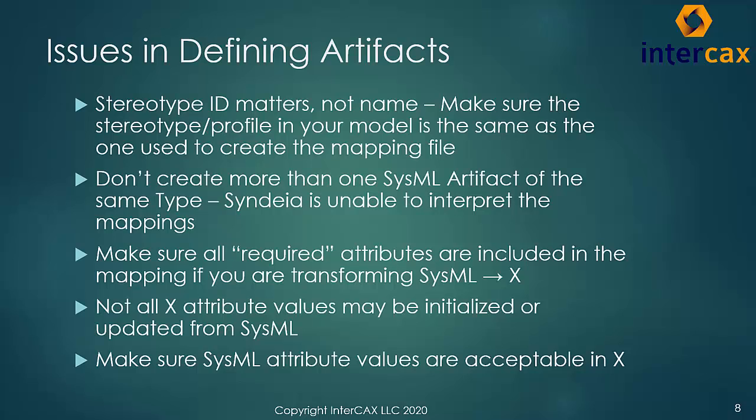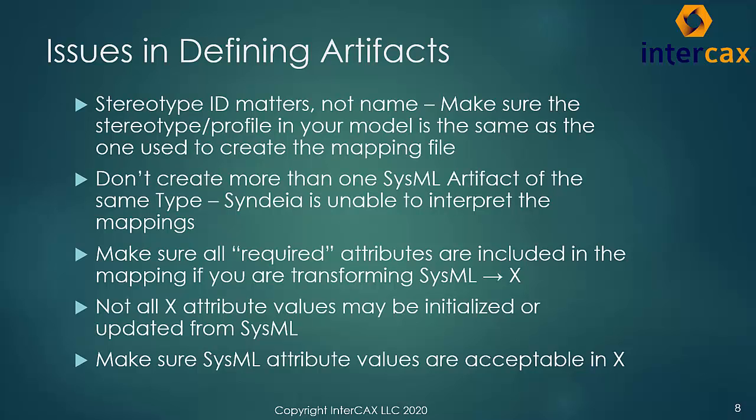Other attribute values can't be set through the API. They are assigned automatically when the target model element is created. In yet other cases, the attribute values in the target tool are enumerated lists, and the attribute value in SysML must be a member of that list to transfer successfully.